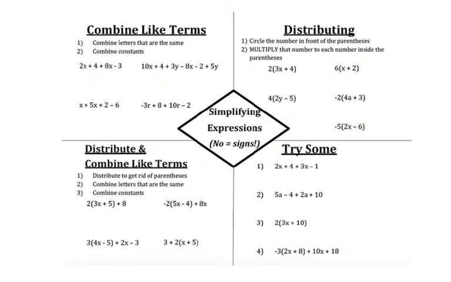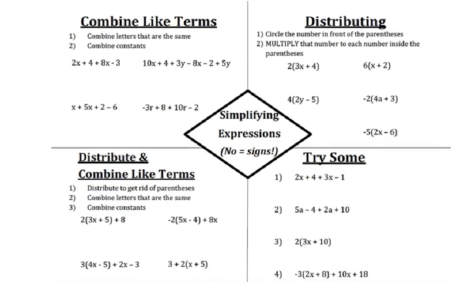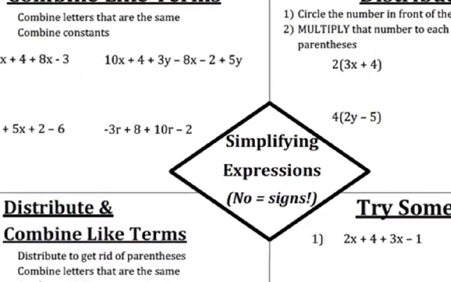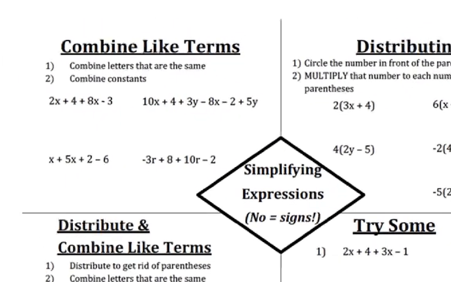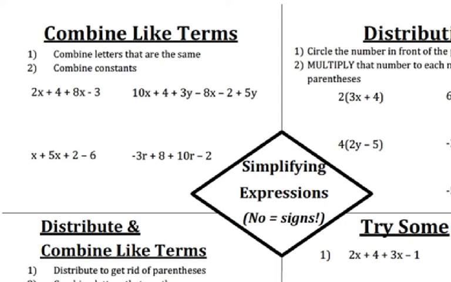So now let's do that same thing. Let's zoom in here. Now we're going to do the same thing, but this time we're doing them with just math. So we are starting with combining like terms. Step 1, combine letters that are the same.